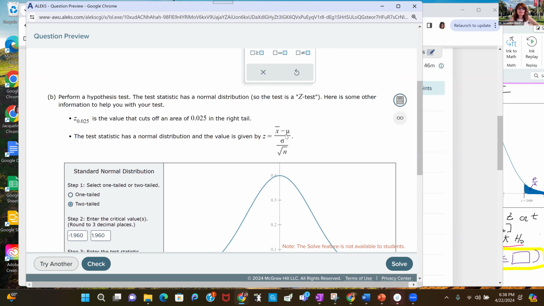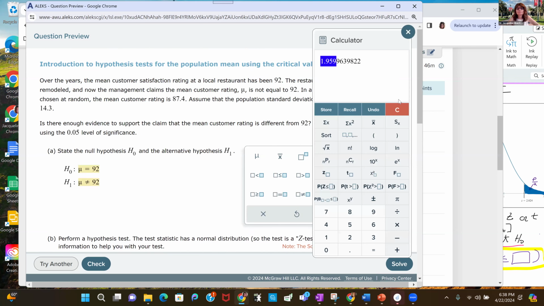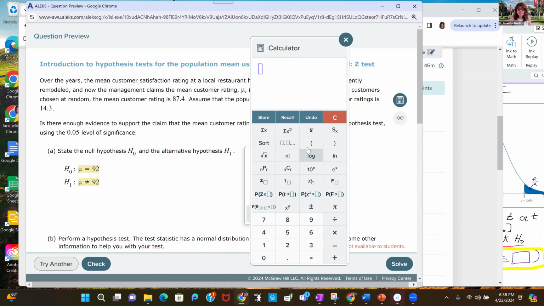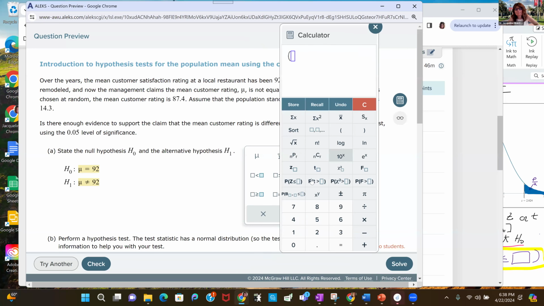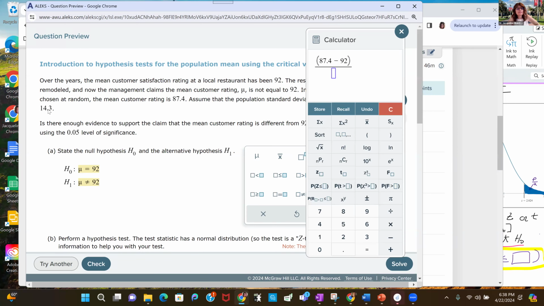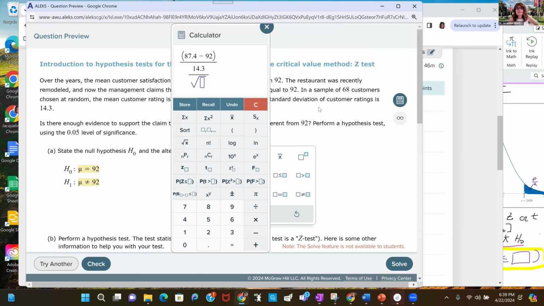So this is how we calculate it. The sample mean is 87.4, minus mu, which is 92, over the population standard deviation sigma, which is 14.3, over the square root of the sample size, which is 68.